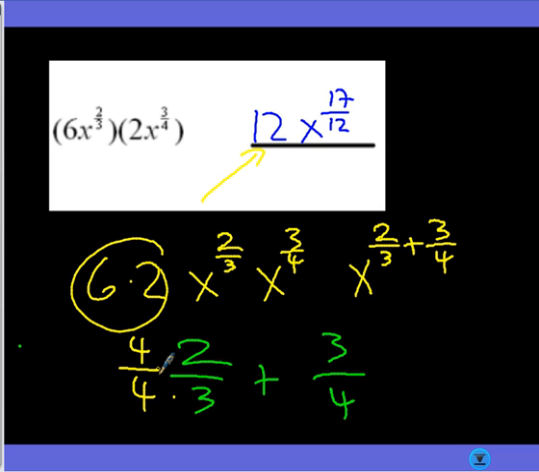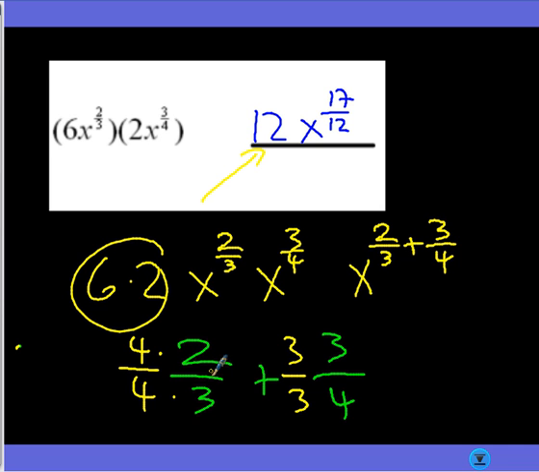So I have to multiply the top by the same thing, right? 4 over 4 is 1, so I'm not changing the value. Just a quick review. And 3 times 4 here is 3 over 3, and that's how I add fractions, right?